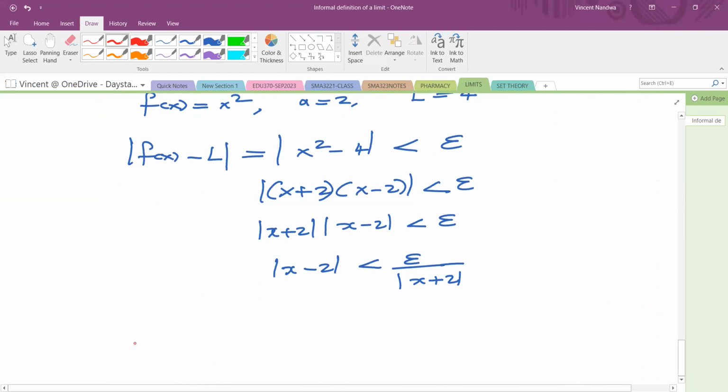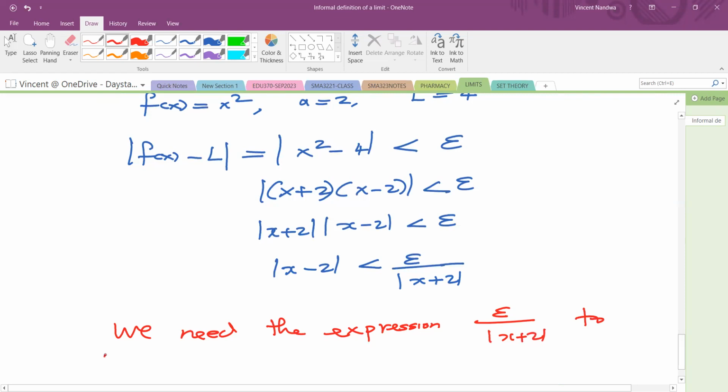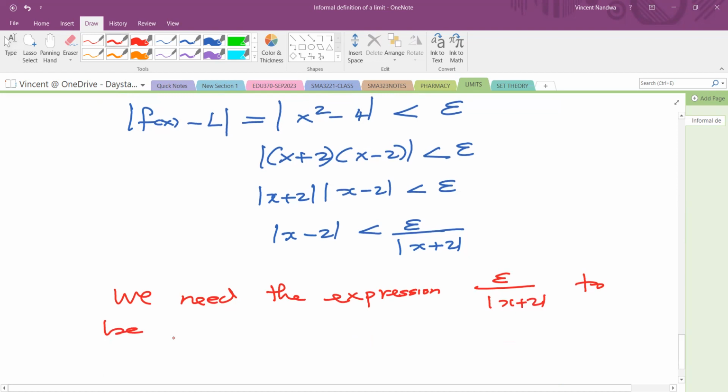We need the expression epsilon over the absolute of x plus 2 to be very, very small.